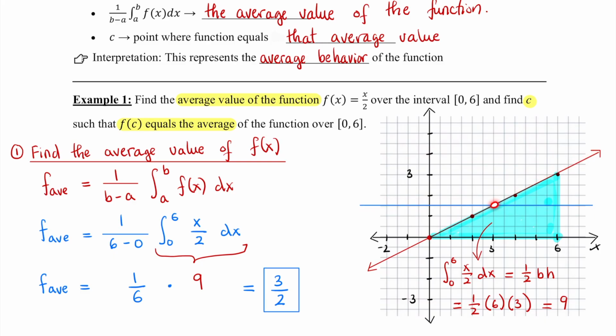So at this value, f of x equals 3 over 2, and that value is 3. So when c equals 3, the function value is 3 over 2, which is equal to the average value of the function.